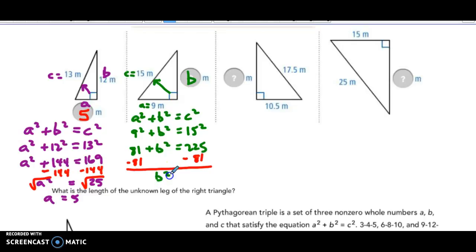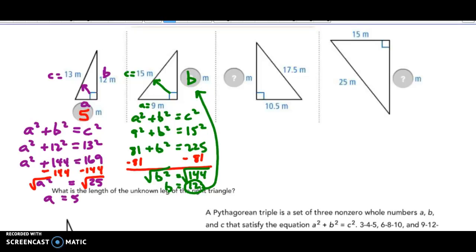So this leaves me with B squared equals 144. Now to get B squared down to just a B, I'm going to take the square root of both sides. The square root of B squared is B, and the square root of 144 is 12. So 12 is my missing side length here.